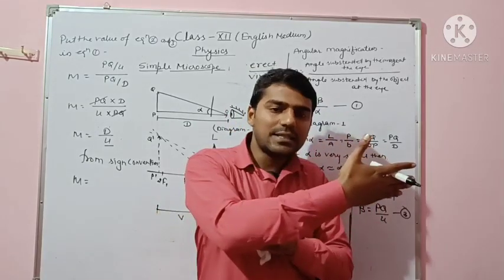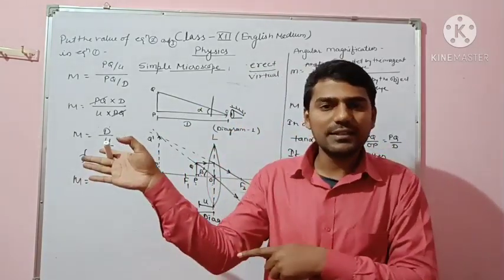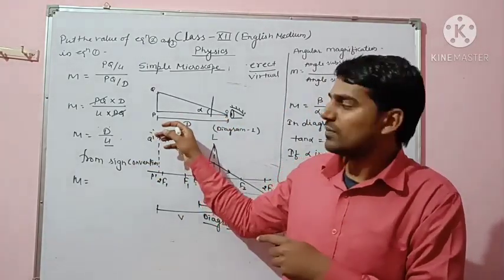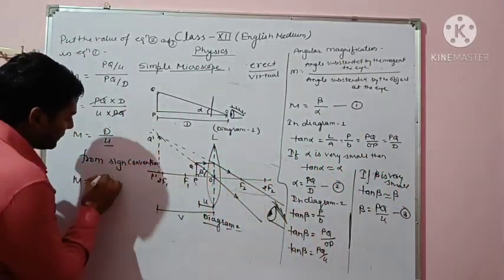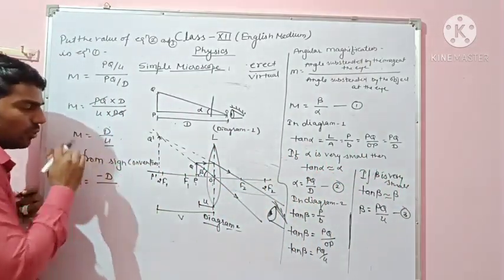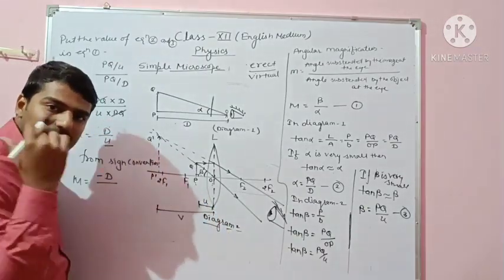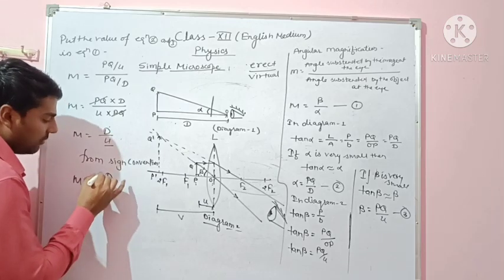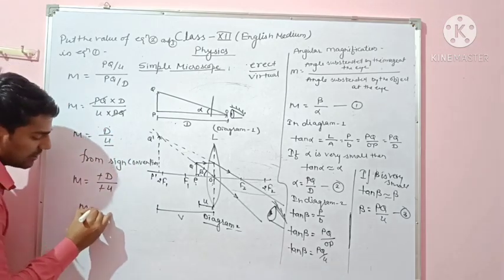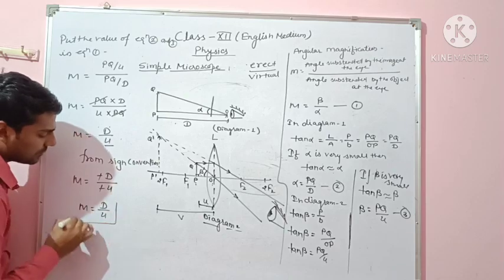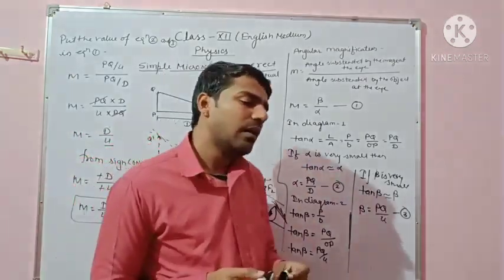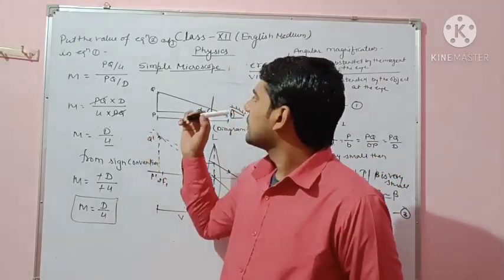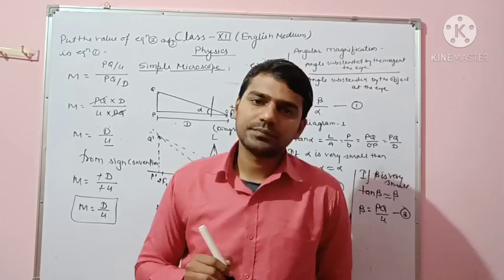Here the distance is on this side, so D is negative, upon U. U is also on that side, so it is also negative. Negative, negative cancel. So M equals D upon U. This is the formula of angular magnification of a simple microscope.